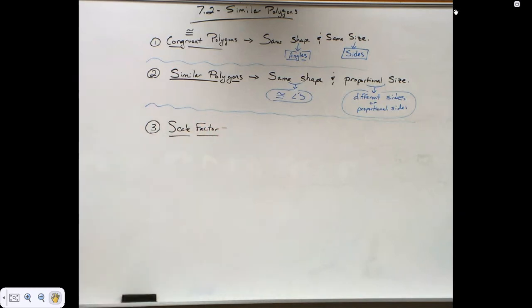We're also going to talk about what's called a scale factor. How many of you have ever heard the term something is to scale? Say, like when you did models when you were younger.